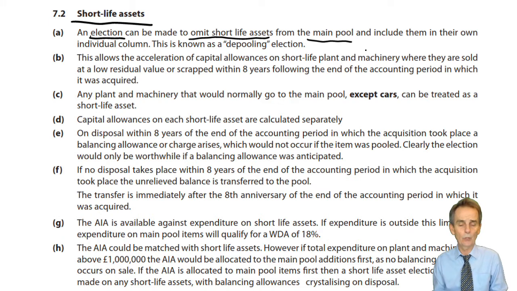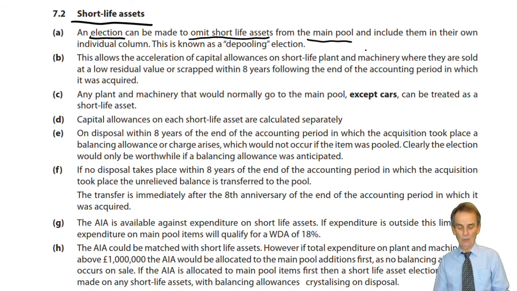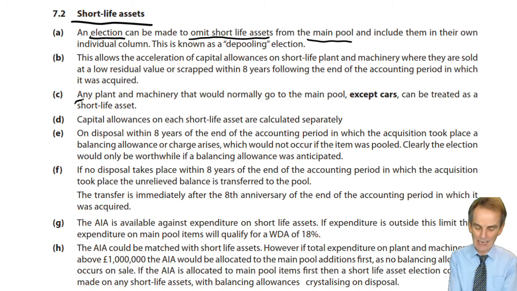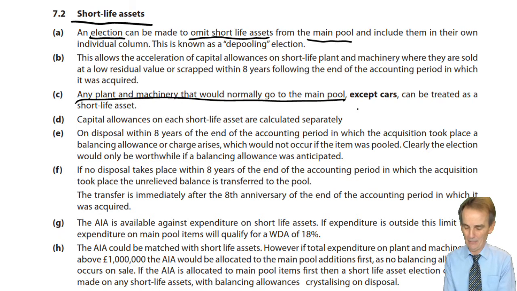You remember, of course, there are specific categories of assets that go to special rate pool. And we also have motor cars, of course, where no AIA is available, only a WDA is available. Now here, as we'll discover, any plant and machinery that would normally go to the main pool would be available, except cars.